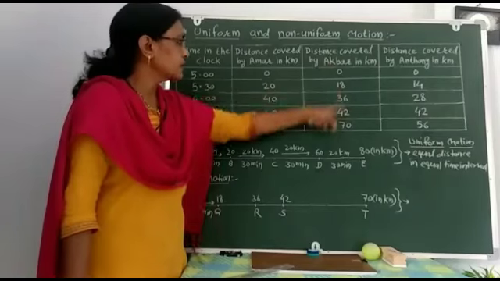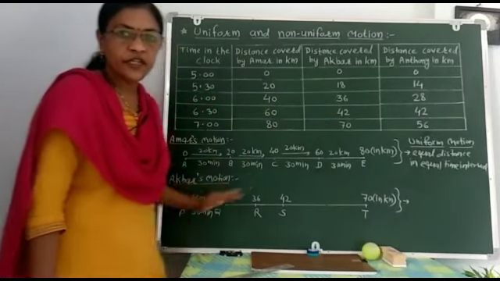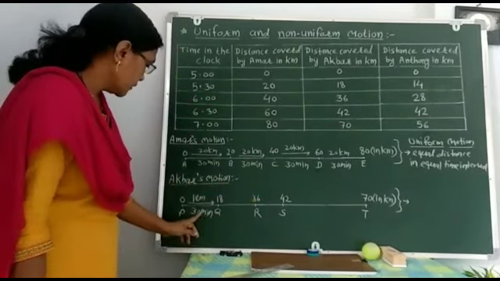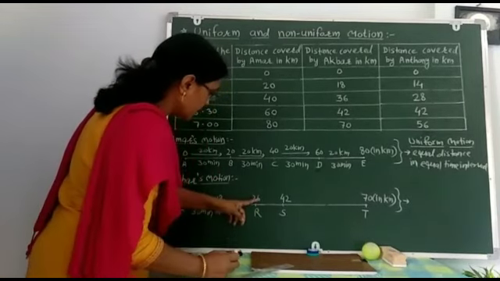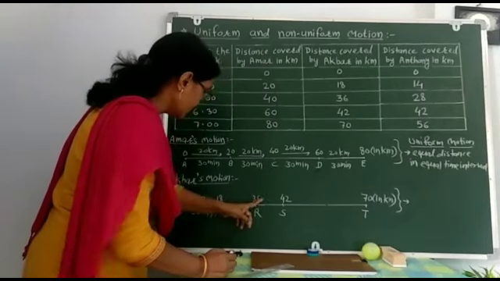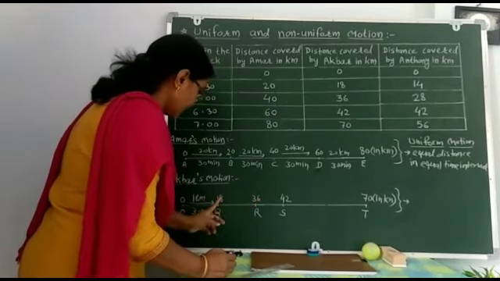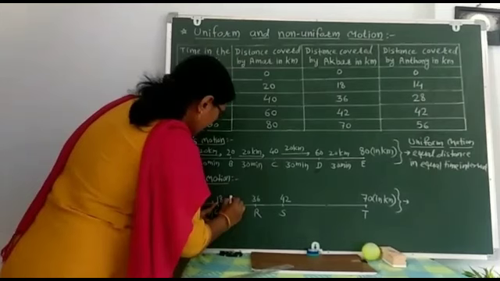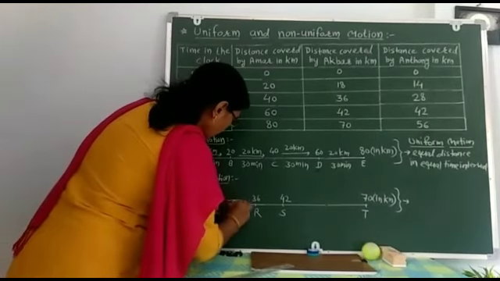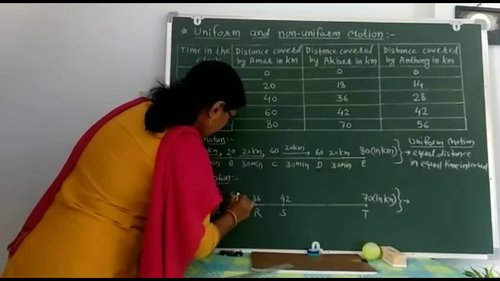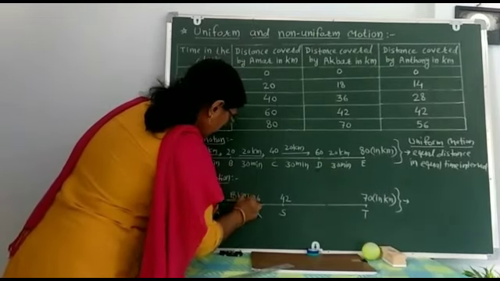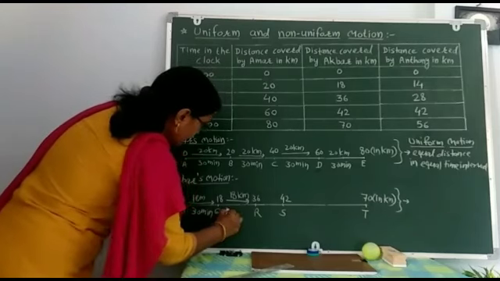As per this information, we represent the diagram. Now at point R, he covered a distance 36 kilometers, means 36 minus 18, that is from Q to R, he covers a distance 18 kilometers in 30 minutes.